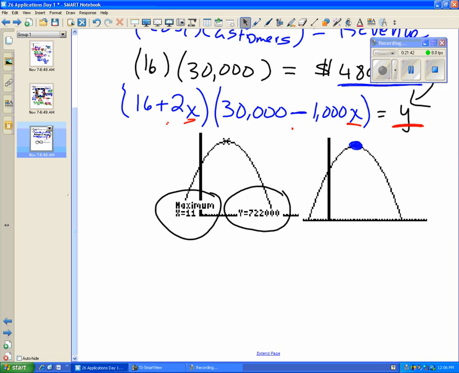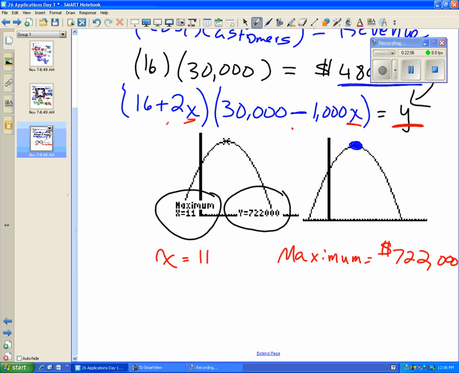This tells me that if X is equal to 11, if I have 11 increments, my maximum revenue, the most I can make selling my music, is going to be $722,000.